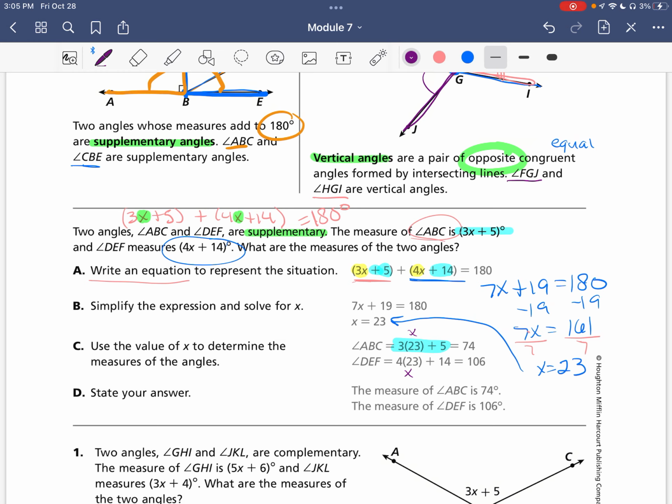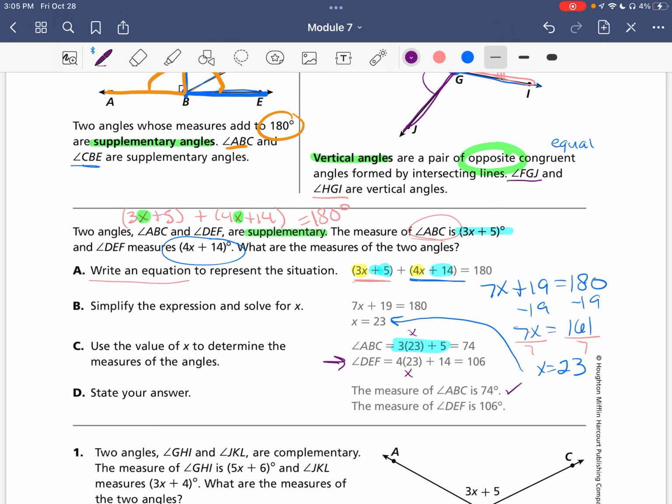So we have 3 times 23 plus that 5 equals 74. That is the measure of angle ABC. And then for DEF, we plug in the 23 again, substituting it in for x. 4 times 23 plus your 14 is 106.